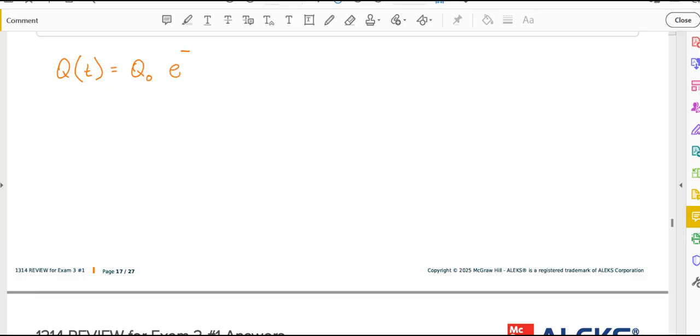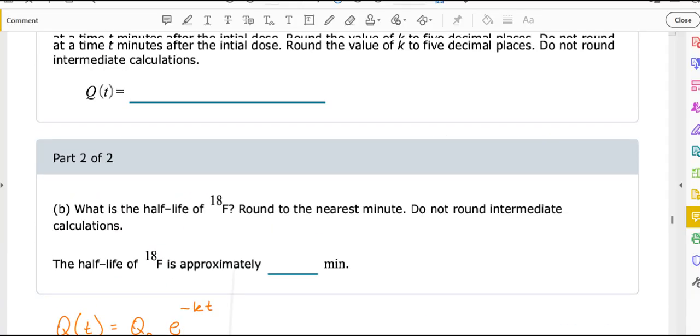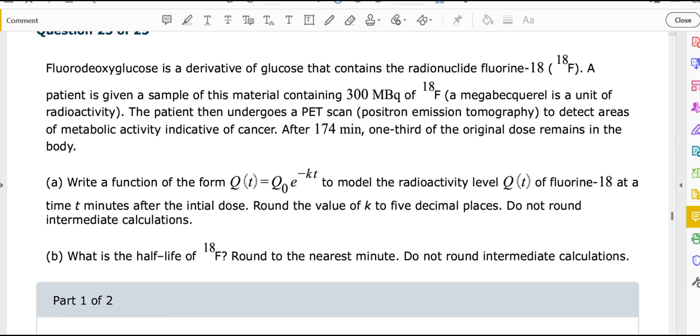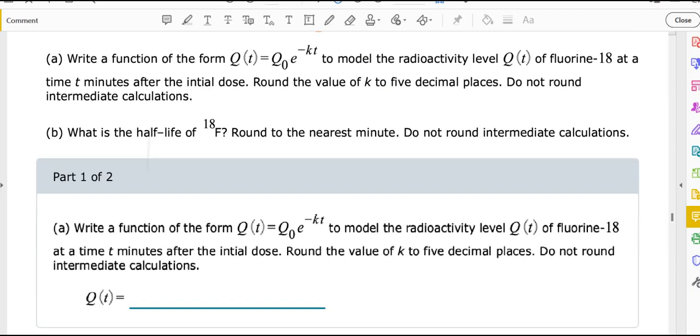We were told after 174 minutes, there was 1/3 of it left, right? Let's see. After 174 minutes, 1/3 of the original amount is left. So if you start with 1, your Q naught is 1.